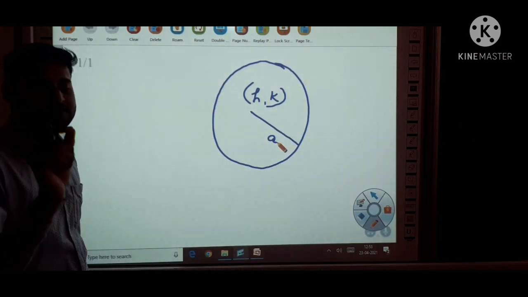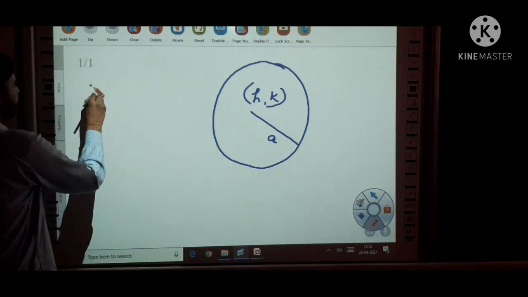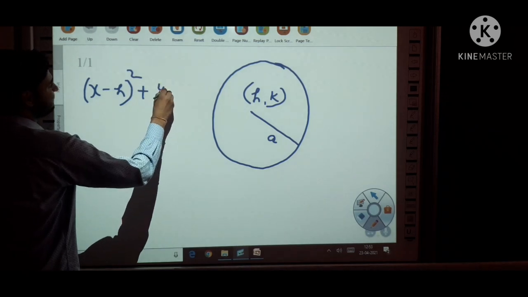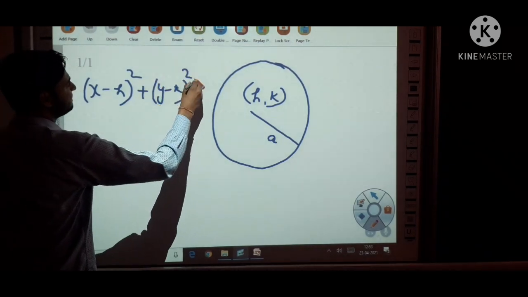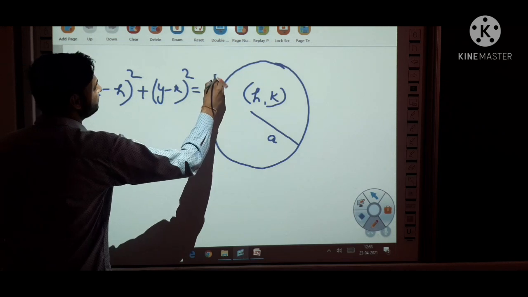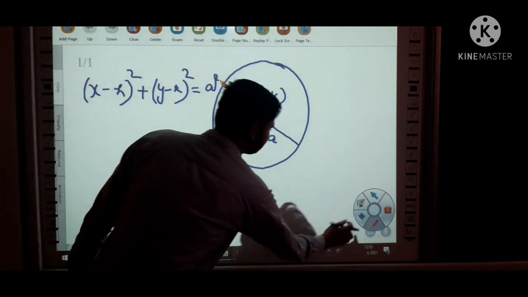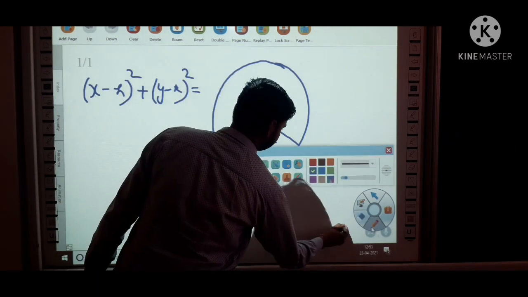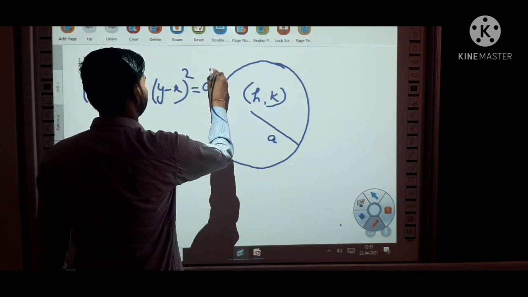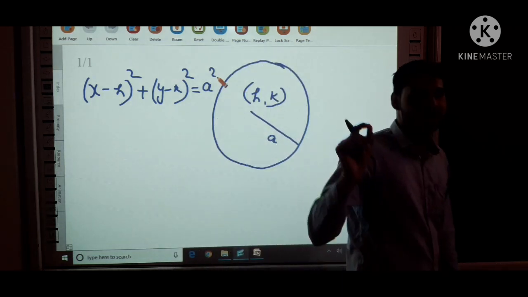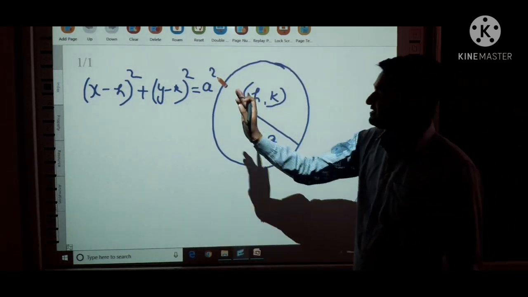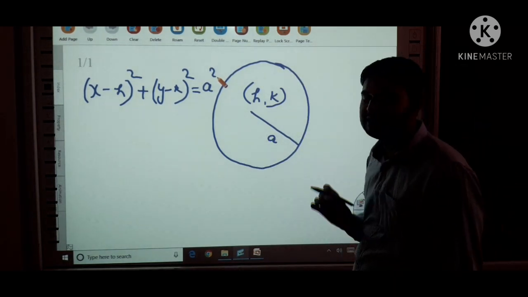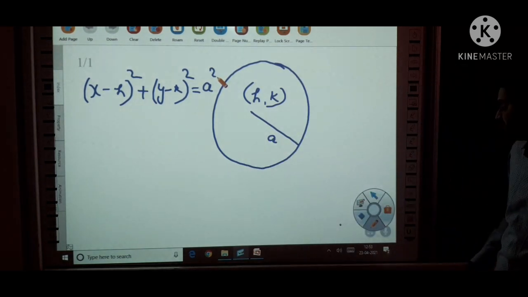Then the standard equation of circle is (x minus h) whole square plus (y minus k) whole square is equal to the square of the radius. This is the standard equation of circle, where h and k are the coordinates of the center and a is the radius of the circle.